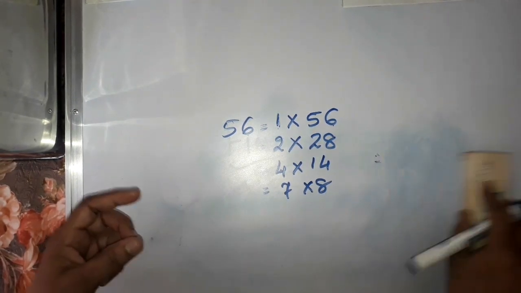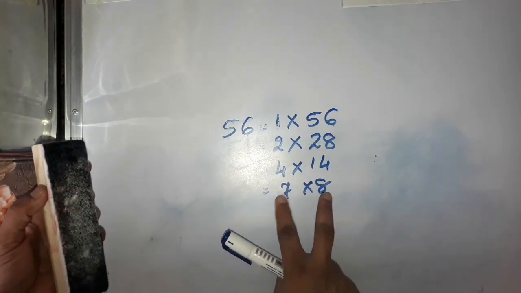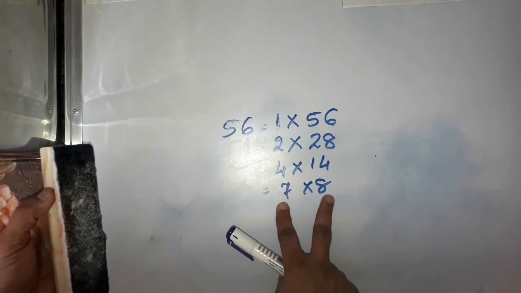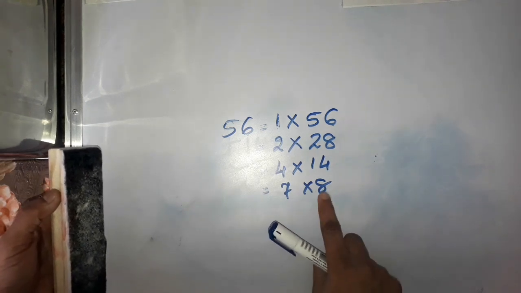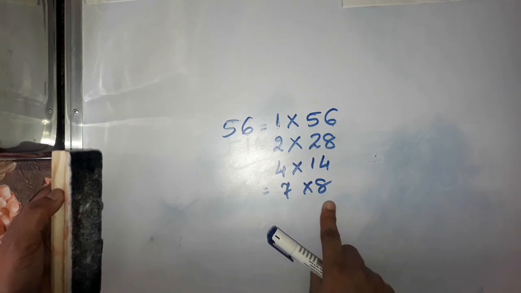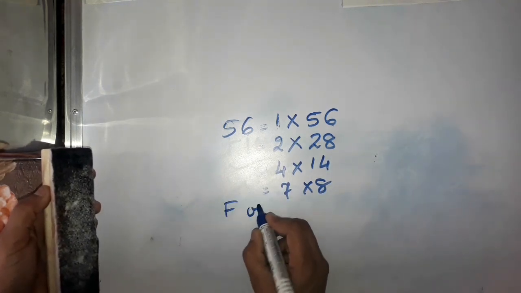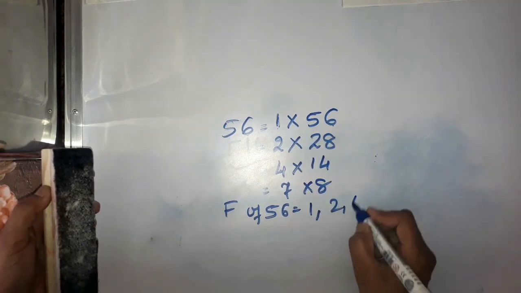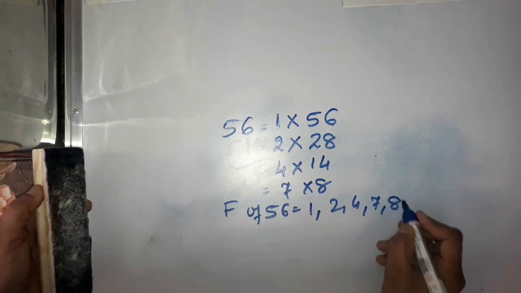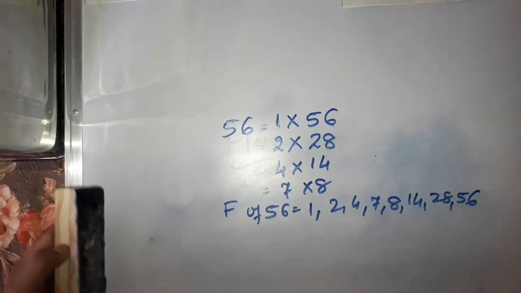Now as you have got here 7 8s are 56 and no number in between, so here you can stop thinking of the factors. So factors of 56, you got it as 1, 2, 4, 7, 8, 14, 28 and 56.